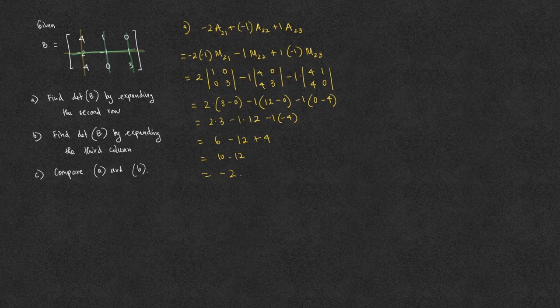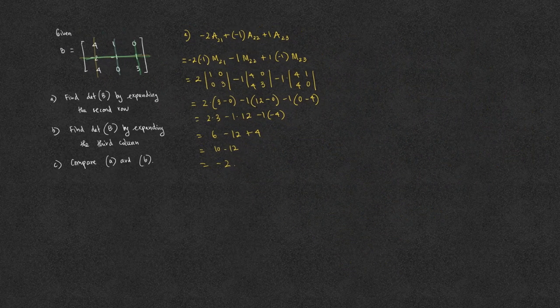If we use the third column, then we would use the entries 0, 1, 3. With the entry 0 in position 1, 3, we would need to multiply by the cofactor A13.